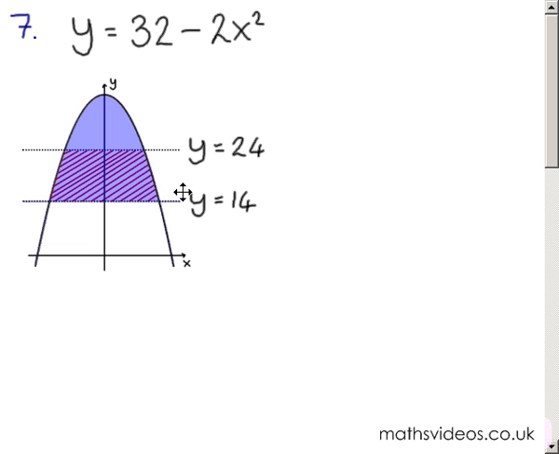It is clear that the shaded area we require is part of this blue area. If we consider now the area between the line y equals 24 and the curve, and this time we'll show this area in green, then hopefully we can now see that the shaded area we require is simply the difference between the blue area and the green area.